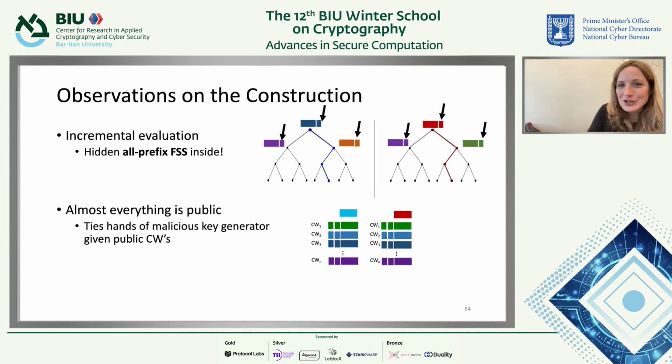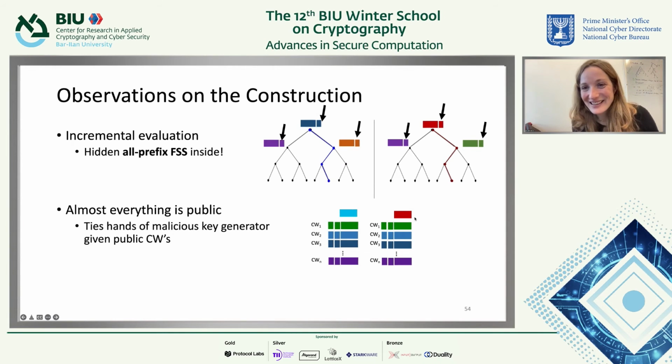Another observation, which was surprising, certainly to us when we first built this, is that almost everything in the 2 keys is identical and public. It's not a coincidence that this green is the same color as this green. These correction words are identical across the 2 parties. Remember, these are like the deltas for each level. So the only thing that's actually different across our 2 shares is just these random independent seeds in the first level.